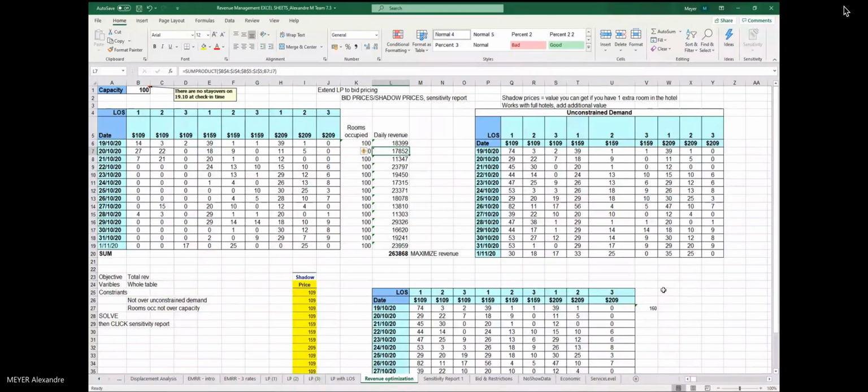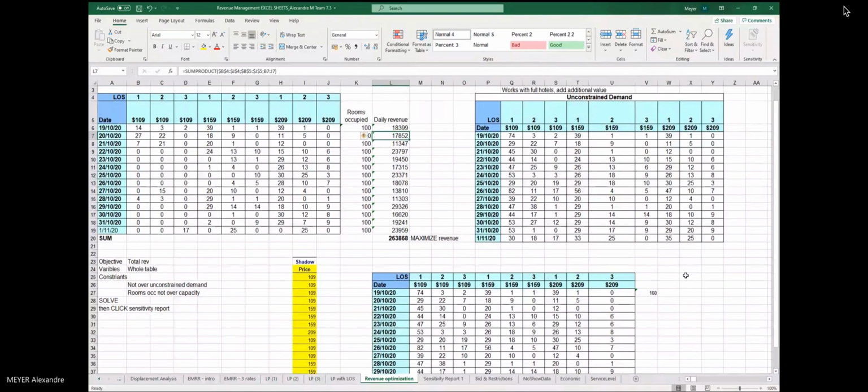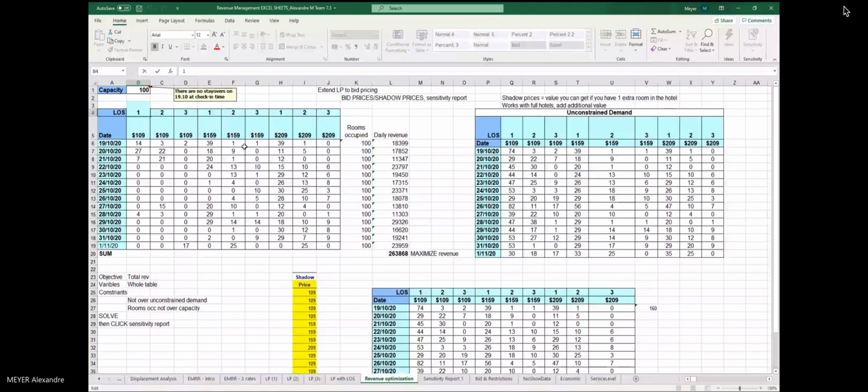Remember that you must block these two cells here. So in this example, I have actually blocked the first two rows because the LOS has to stay the same, the rates stay the same. It's just the daily demand that changes, right? So you must have this that fluctuates.